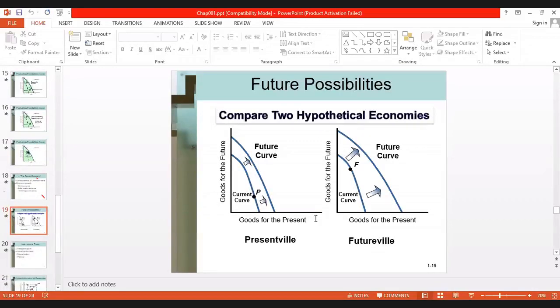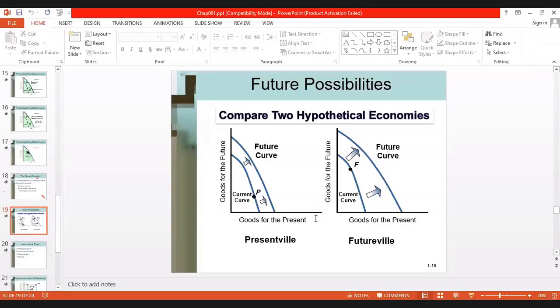Here you can see two examples. In one country, they produce more consumer goods for present use, and produce less capital goods for the future. The first graph shows a country that produces more consumer goods and less capital goods. The second graph shows a country that produces more capital goods and less consumer goods.